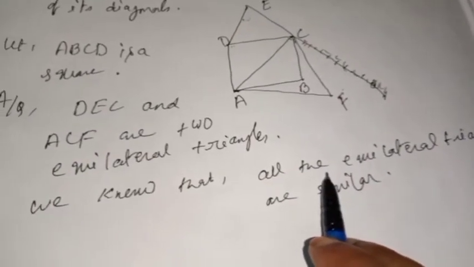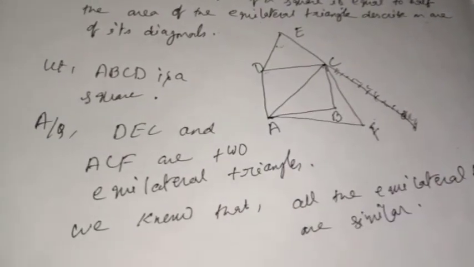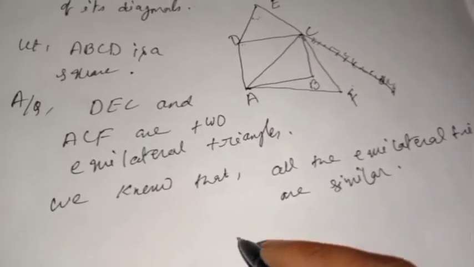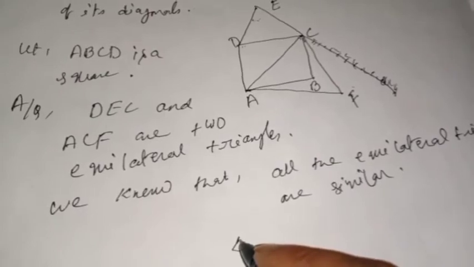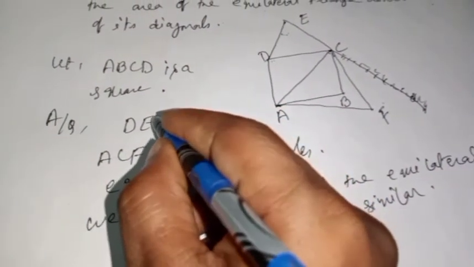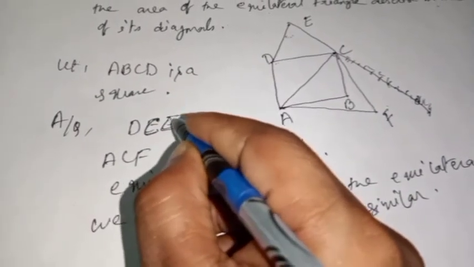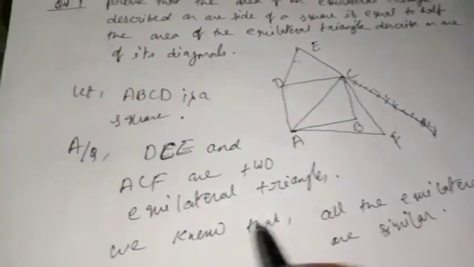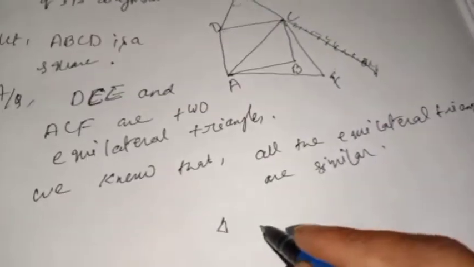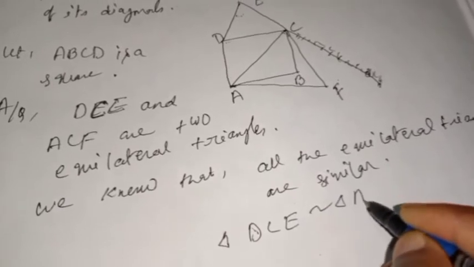If all the equilateral triangles are similar, then you can say that triangle DEC and triangle ACF are also similar. You have to write in corresponding order. So triangle DEC is similar to triangle what? ACF, because all the equilateral triangles are similar.